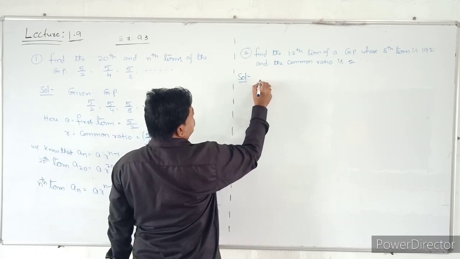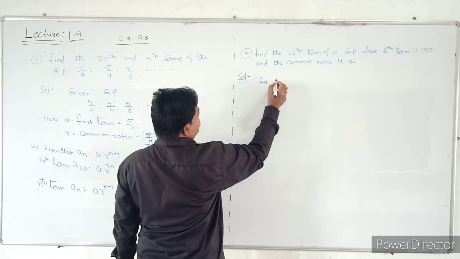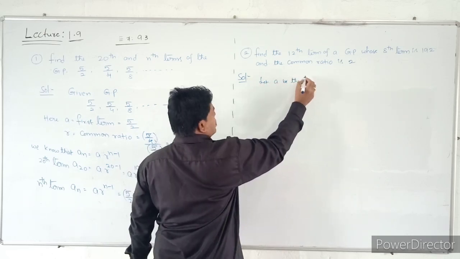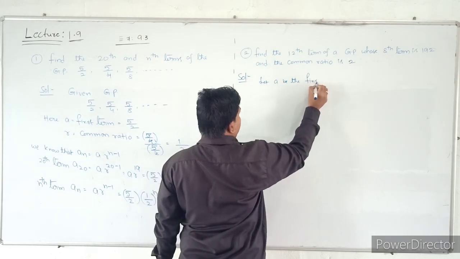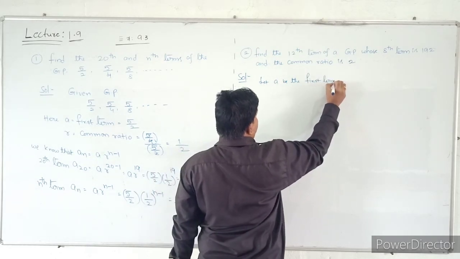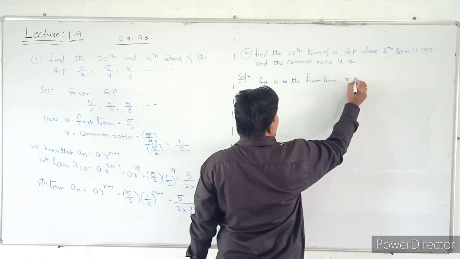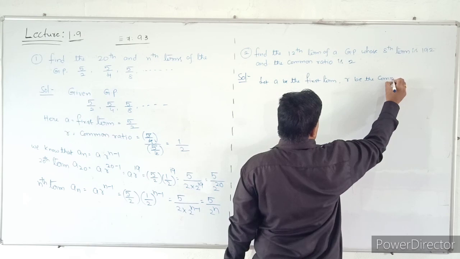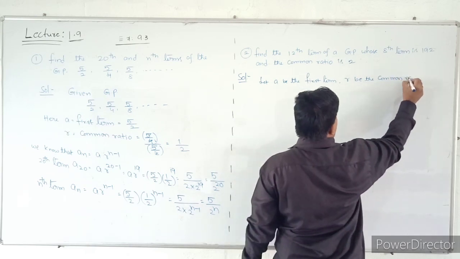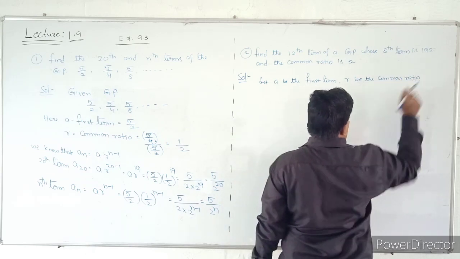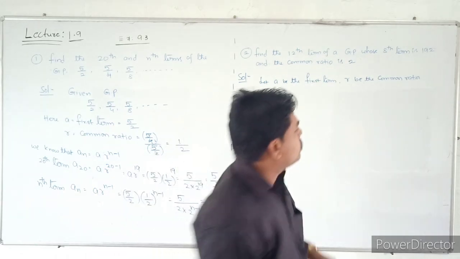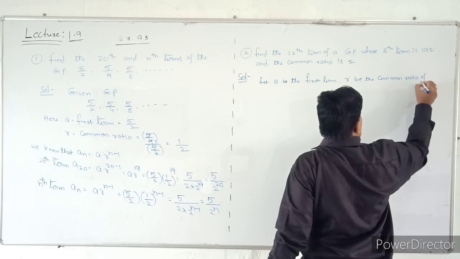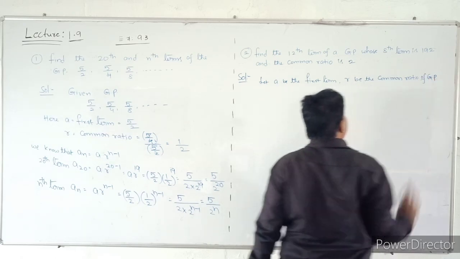Let A be the first term, R be the common ratio of GP.